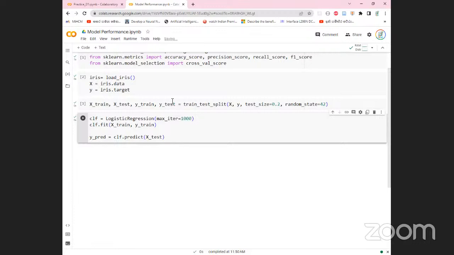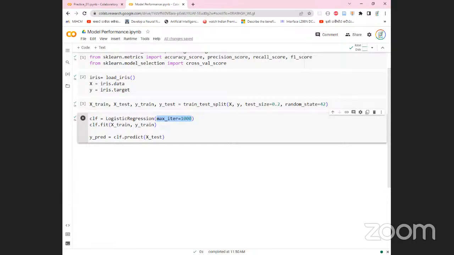Maximum iteration means that whenever it is calculating the values, it goes through iterations. If it goes unlimited iterations, you will get this kind of error. So I have set the iterations to 1000, which means it will go only 1000 iterations.